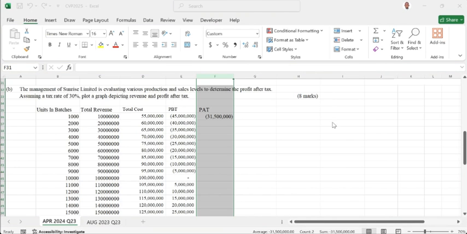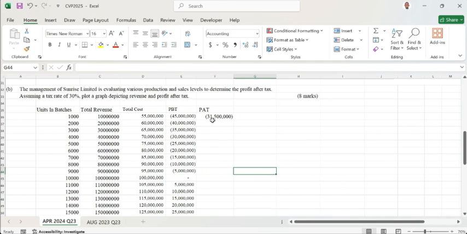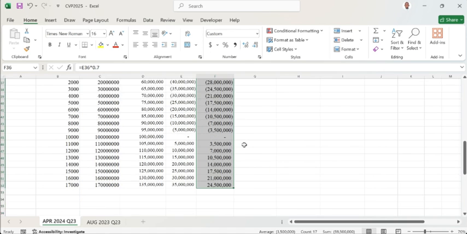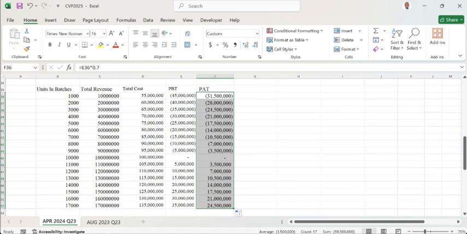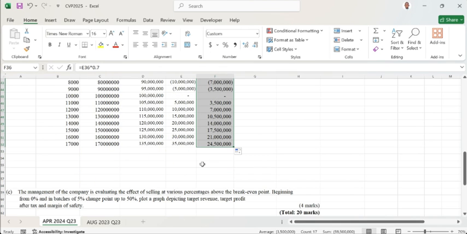So these times 0.7. I want it to be in brackets. Nice.